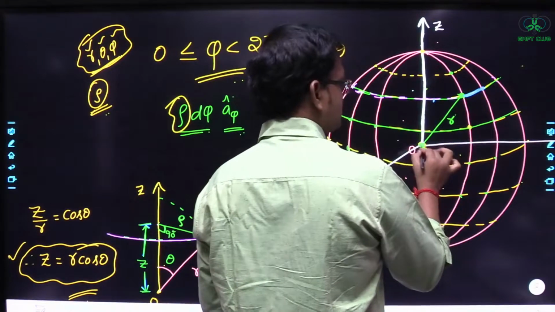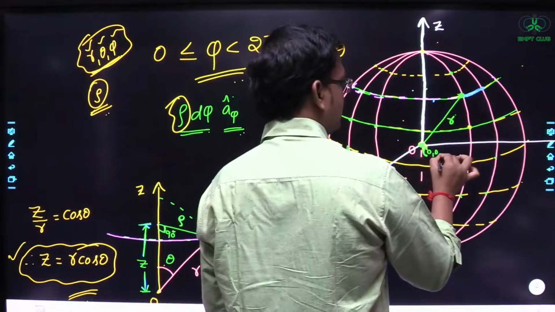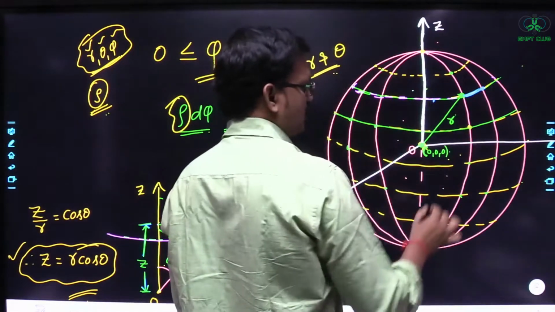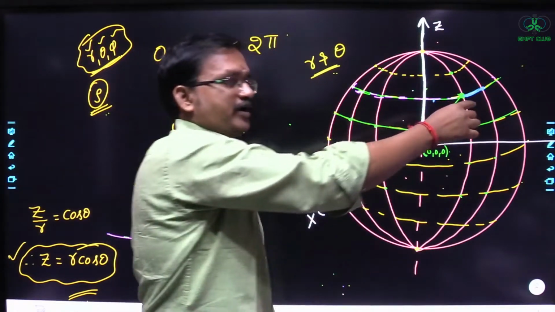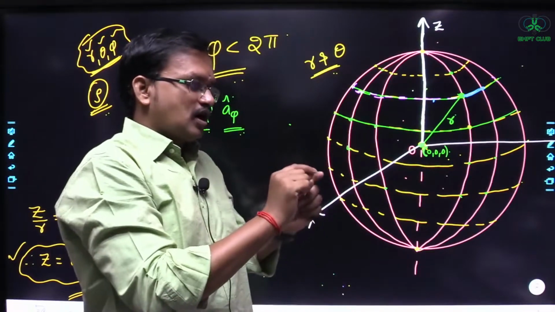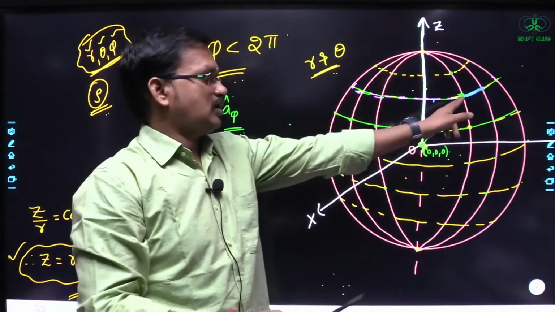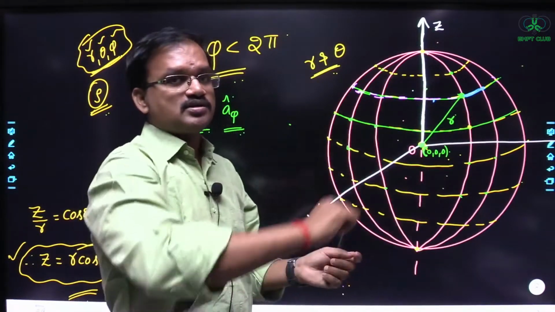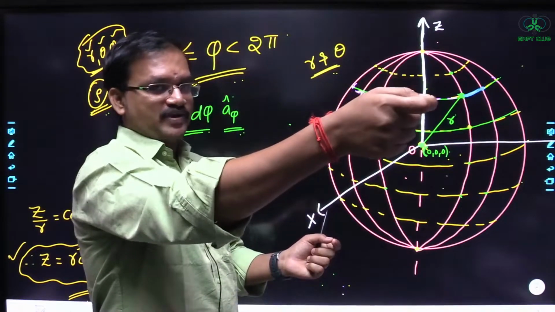Let us consider this center as the origin O, which is 0, 0, 0. This point is present somewhere in space on the surface of the sphere. So this is the sphere, this is the origin, and somewhere in space you have x, y, z. Understood?